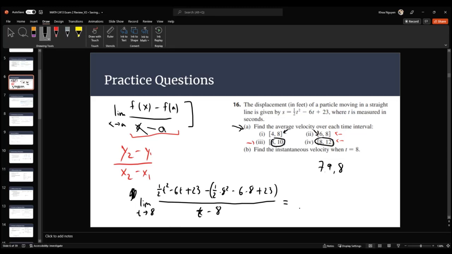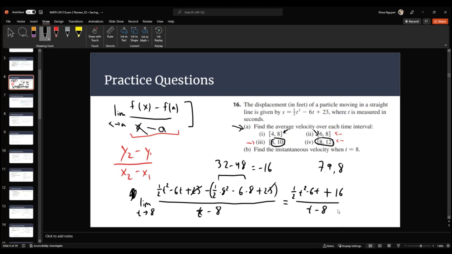And so when you simplify stuff, you would get 1/2 t squared minus 6t, and then 48, right, 32. I'm just going to point this out. So 32 minus 48 is negative 16. And also notice how this 23 and this 23 should cancel. You should end up with a plus 16. And then that's all over t minus 8.